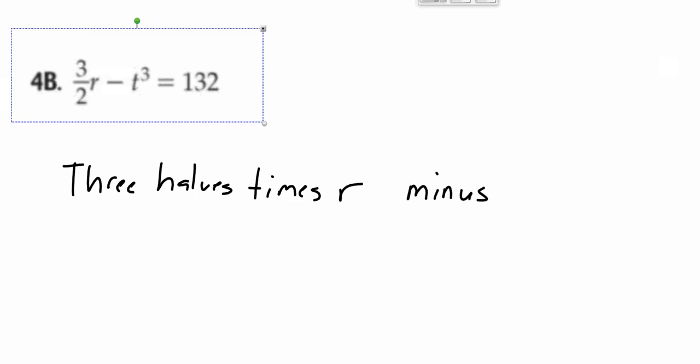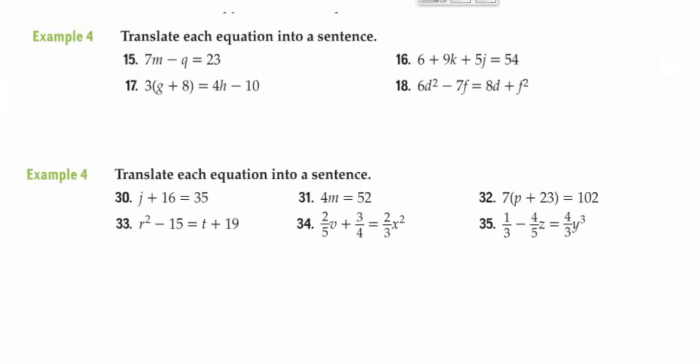Minus, we'll put p cubed. P cubed is 132. And that's translating an equation into a sentence. So problems like 4a and 4b will help you with problems 15 through 18 on the check for understanding and 30 through 35 on the practice and problem solving.